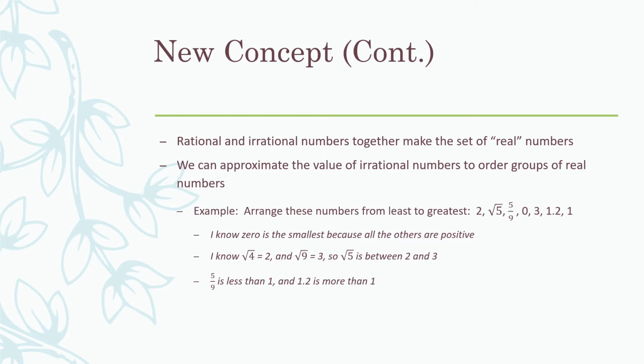So using all of that stuff that I just figured out about these numbers, this is my order: 0, 5/9, 1, 1 2/10, 2, square root of 5, and 3. So it can look kind of difficult, but you just have to work through it logically and kind of mark down what you know so that you can figure out the order they should be in.